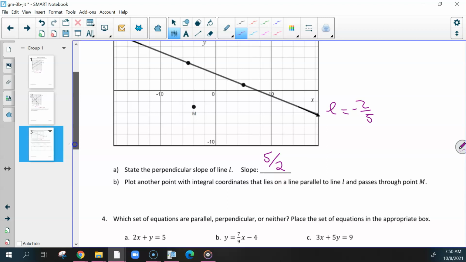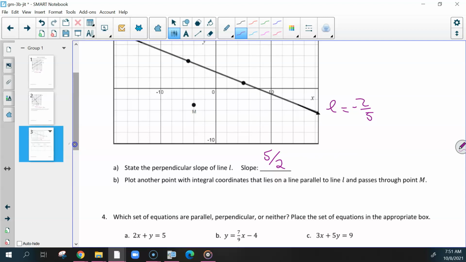So really, you could have either, remember that this is going by 2s. So if I need to go down 2, right 5, this would be going down 2 and right 5. You could plot any of the points that I'm about to plot. So down 2, right 5, and so on.